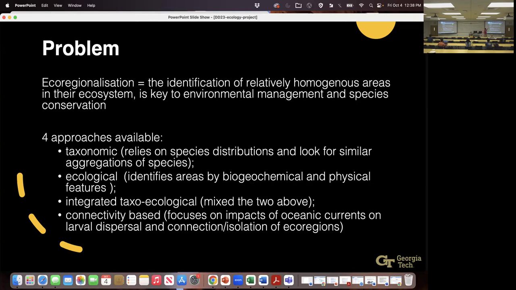There are 4 ways to do that. One is taxonomic, one is ecological, one essentially integrates the taxo-ecological ones. Those 3 rely on in situ observations. The ecological is easier because it's simply going and measuring biogeochemical and physical quantities. So you put an instrument in and decide what is the average temperature here.